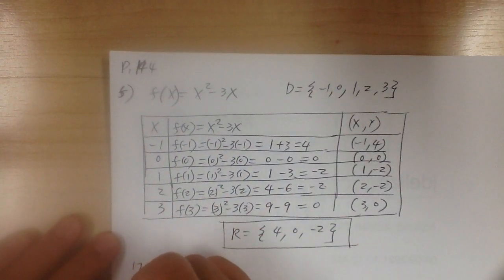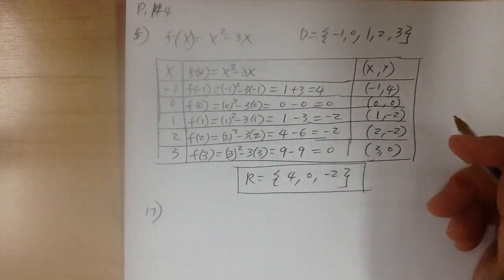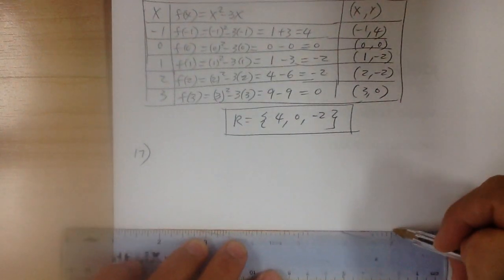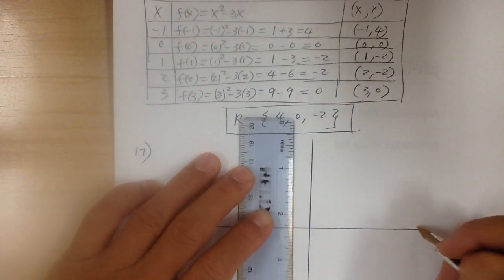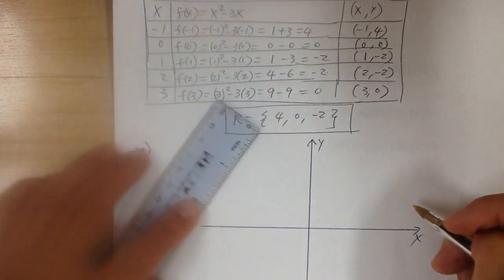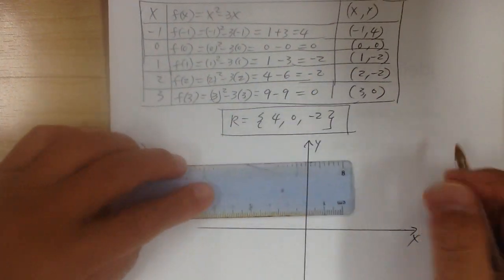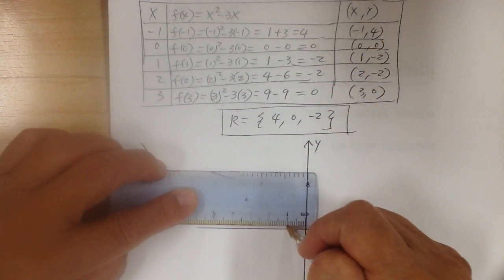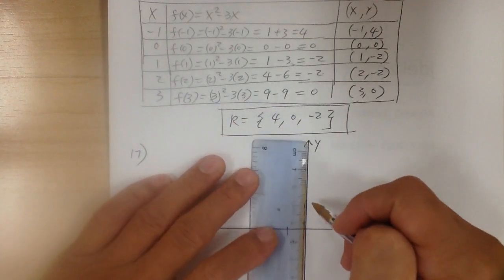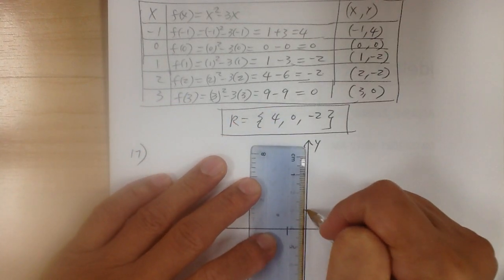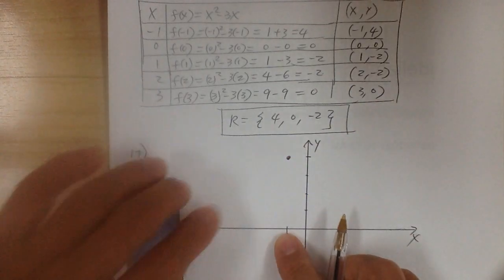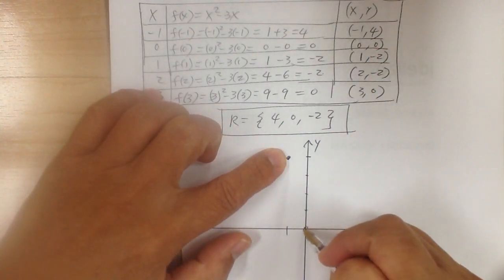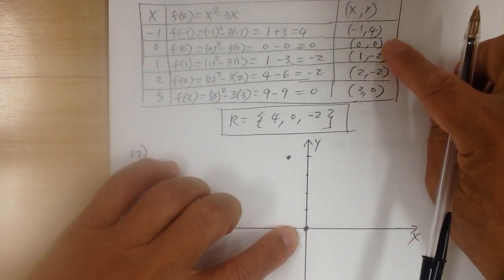Okay, let's go to 17. So first one is -1, 4. Okay, so it's your -1, 4. Next one is 0, 0. It's going to be right over here for the 0, 0.